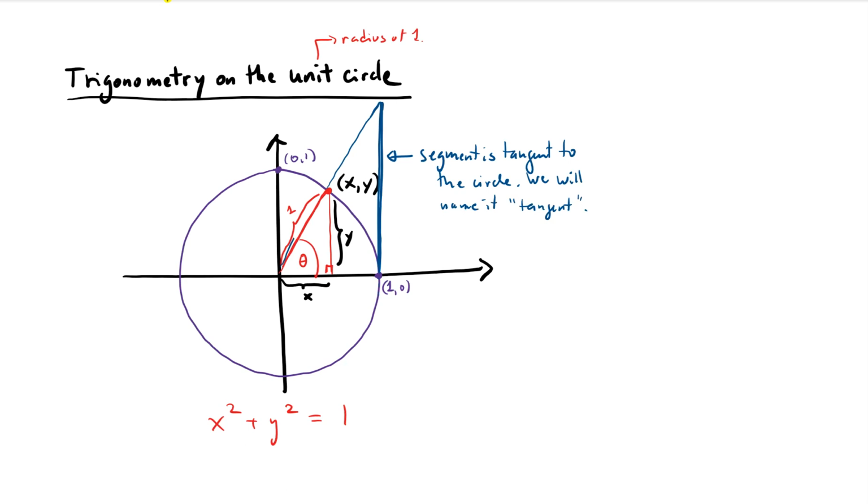This other side here, the hypotenuse of this triangle, cuts the circle at x, y. In geometry, when a line cuts or intersects a curve, we say that the line is a secant. So here, this segment cuts through the circle.